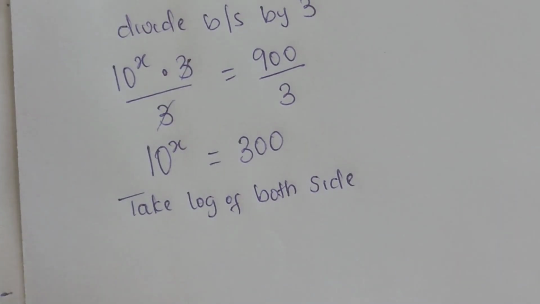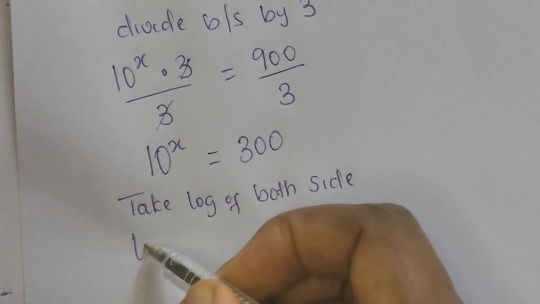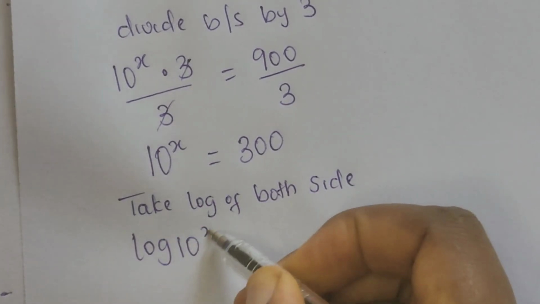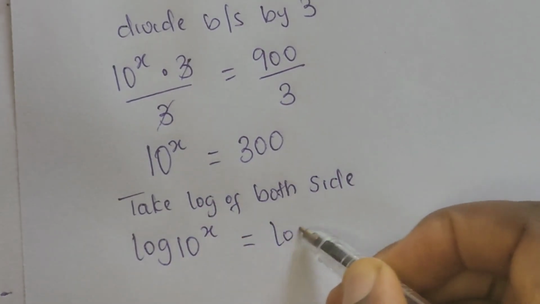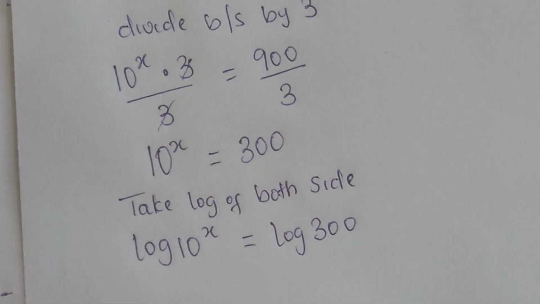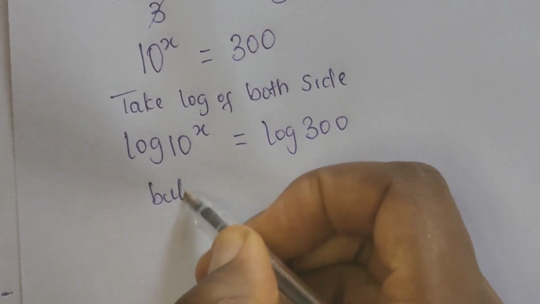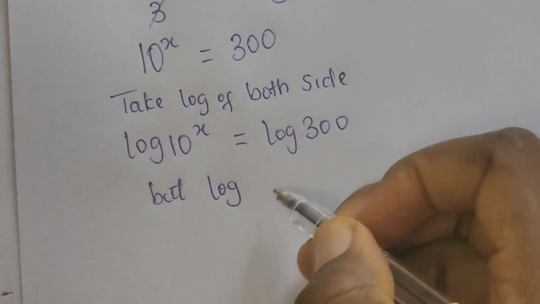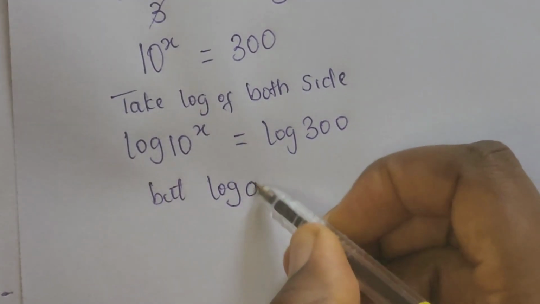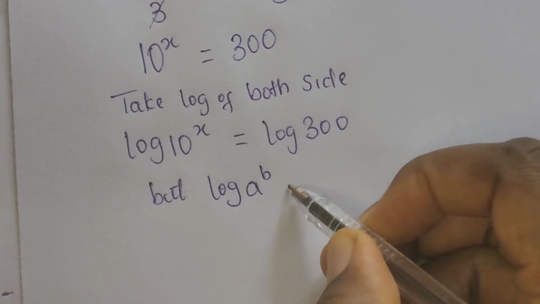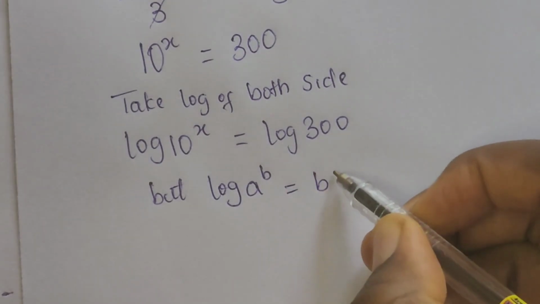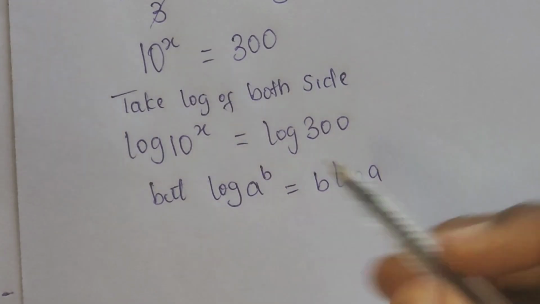So when we take the log of both sides, we have log of 10 to the power of x equal to log of 300. But let's recall, when we have log of a to the power of b, this can be written as b times log of a.